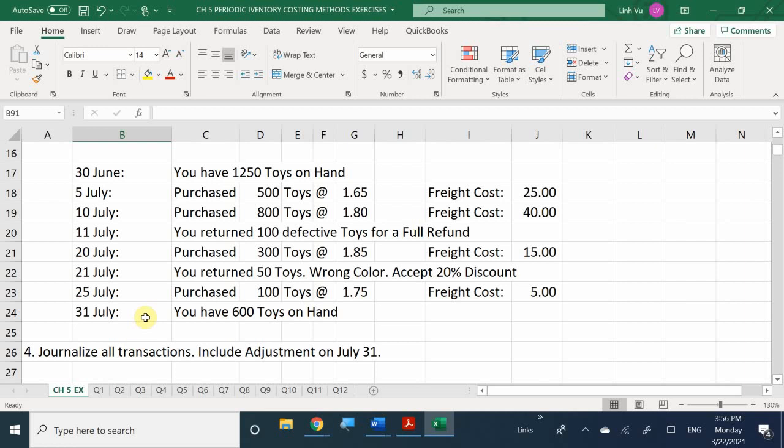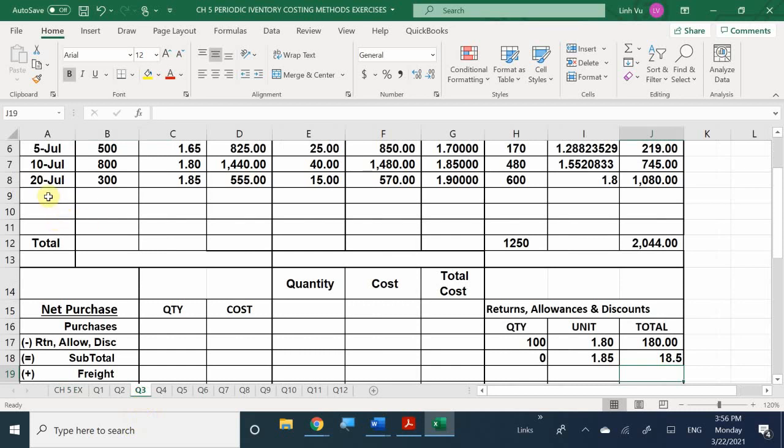We purchased another 100 toys at $1.75 with a freight costing $5. Okay. So here, question number 3. On July 25th, we purchased 100 toys at $1.75 with a freight of $5.